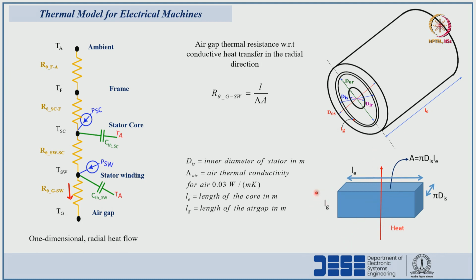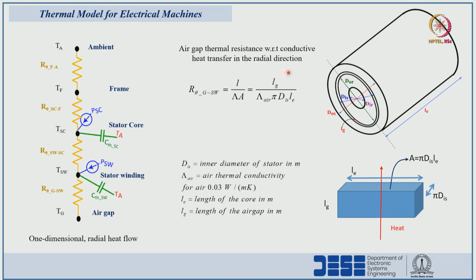The thickness of the air gap is Lg, that is the air gap length, and the area with respect to the heat flow is: the x axis length is Le, the length of the stator core, and the y axis length is the perimeter with respect to the inner diameter of the stator, that is pi D, and lambda represents the thermal conductivity of air, that is 0.03 watt per meter Kelvin.